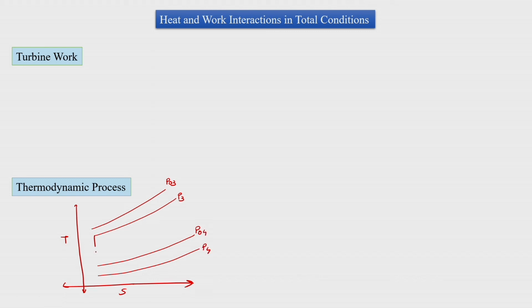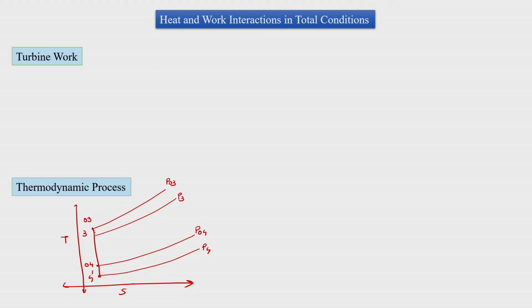So for us, 3 to 4 dash was the process of isentropic expansion, but now point 4 is brought to 04 and then we get the total condition at point 4, and point 3 is brought to 03 to get the total conditions.